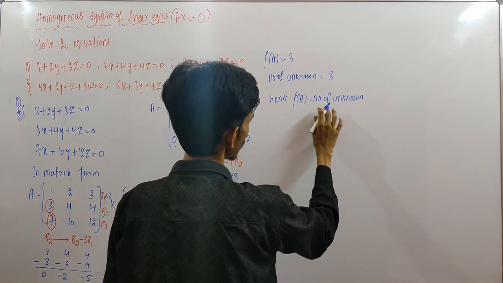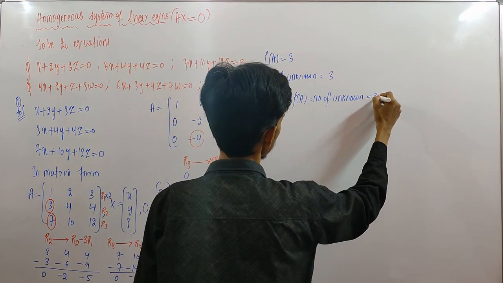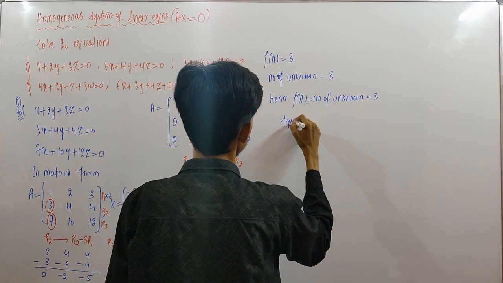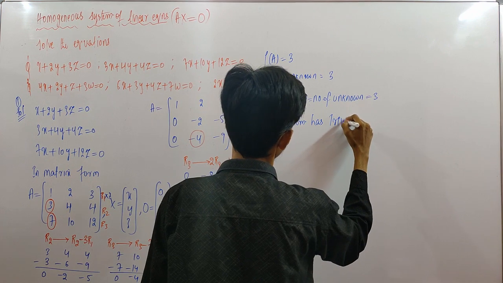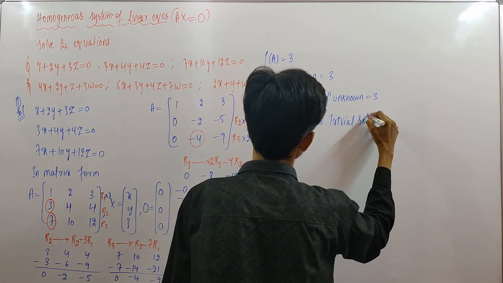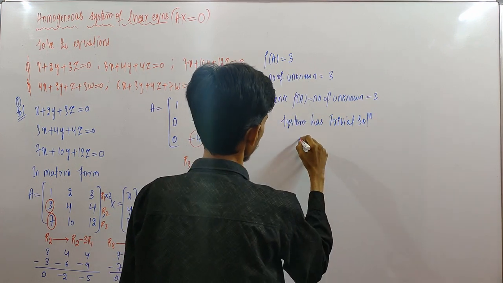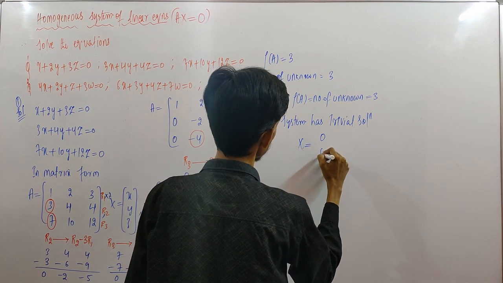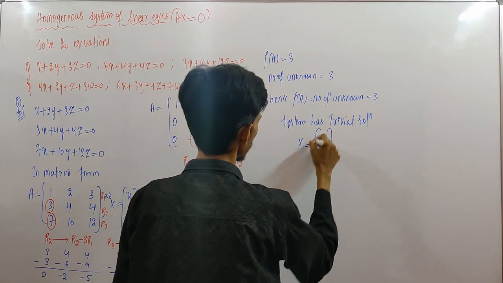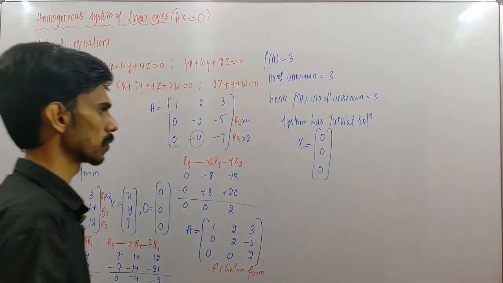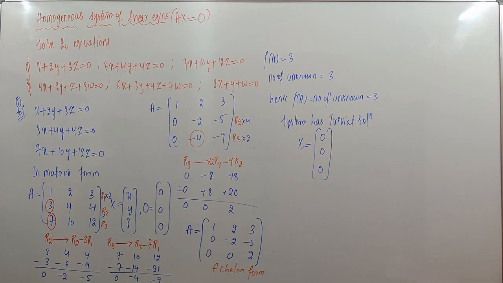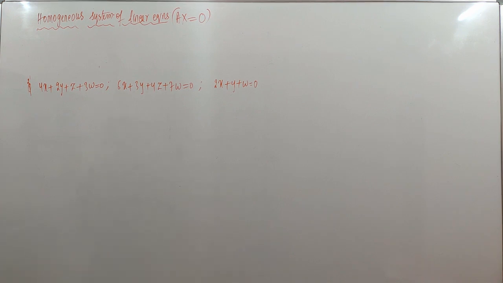Whenever the rank of A is equal to the number of unknowns, that is 3, the system has the trivial solution, that is capital X = 0, 0, 0. This is always consistent and has the trivial solution. Now let us solve the second question.